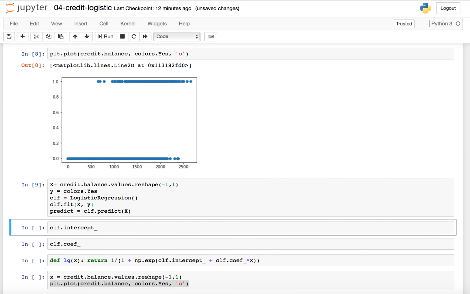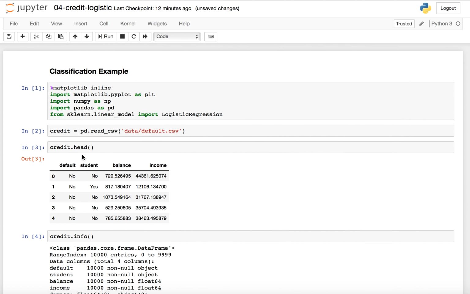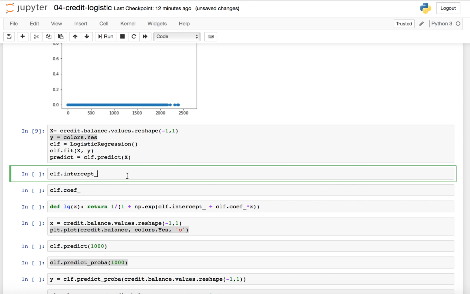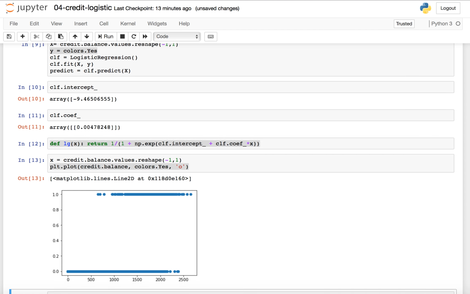So if we create a logistic regression classifier, plug in our x's as the balance, and we're trying to predict the binary variable we created based on the default status, then we get an intercept and a coefficient. Remember that those were the slope and intercept of that exponent in the denominator of the logistic function.